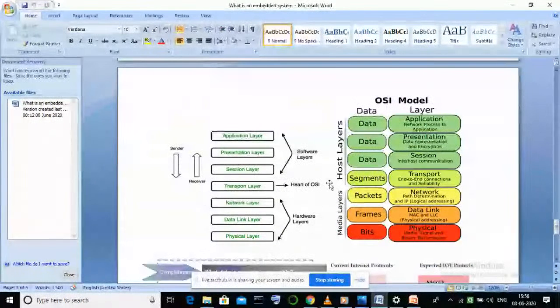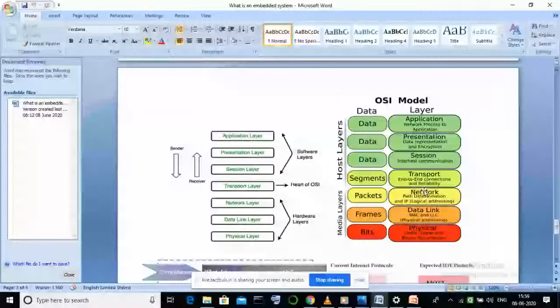Why am I showing this? All the protocols, that is how the data can be exchanged. This is another branch where networking people can play an important role. If you see this on the screen, these are the hardware layers and software layers which go between the sender and receiver side, and there are 7 layers.